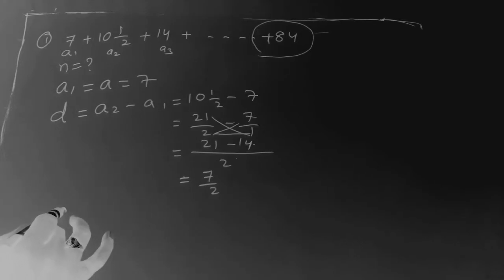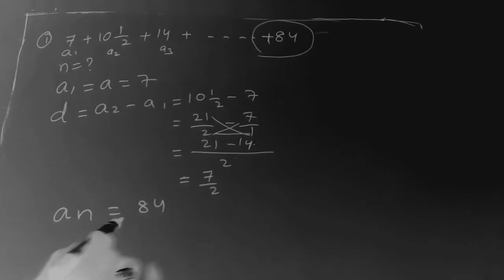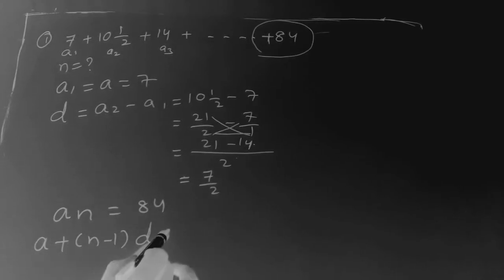So the nth term is given, that is an is 84 he is saying. So a plus n minus 1 into d. This is the formula of the nth term, that is equal to 84.